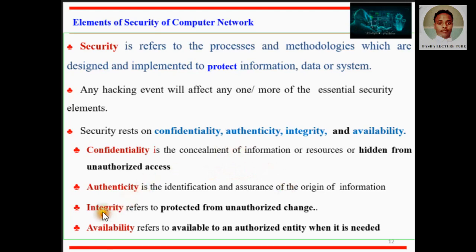The other is integrity. Integrity refers to the data that is in transit, sent from the sender to the receiver, being modified, altered, or changed only by the authorized party. There is no probability of interception.